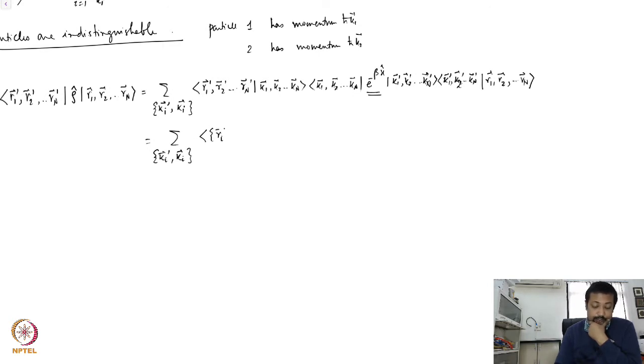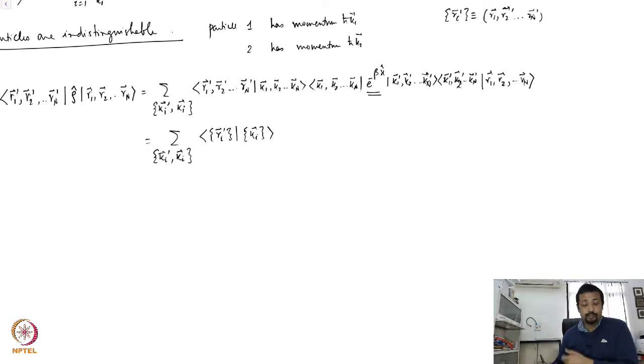Further, I'm going to compactify this notation, where this set is identical to r1', r2', ..., rn', and so is this one with k1, k2, ..., kn, and this is going to be e to the power minus β ħ² over 2m sum over i ki², and this is going to be your ki'.